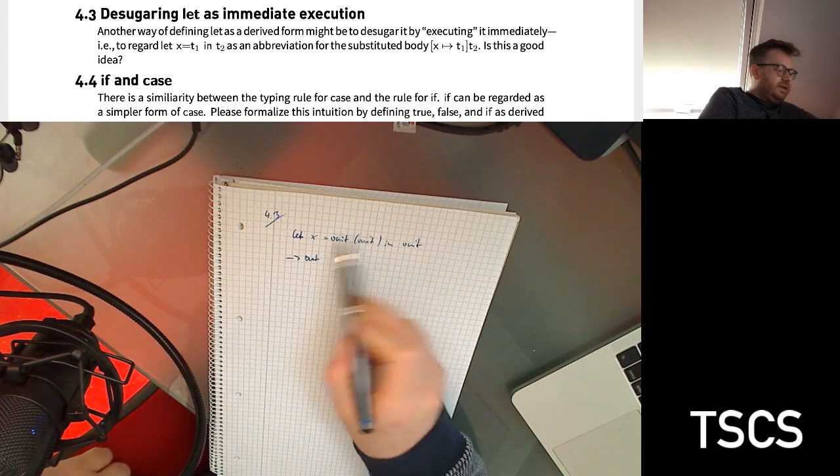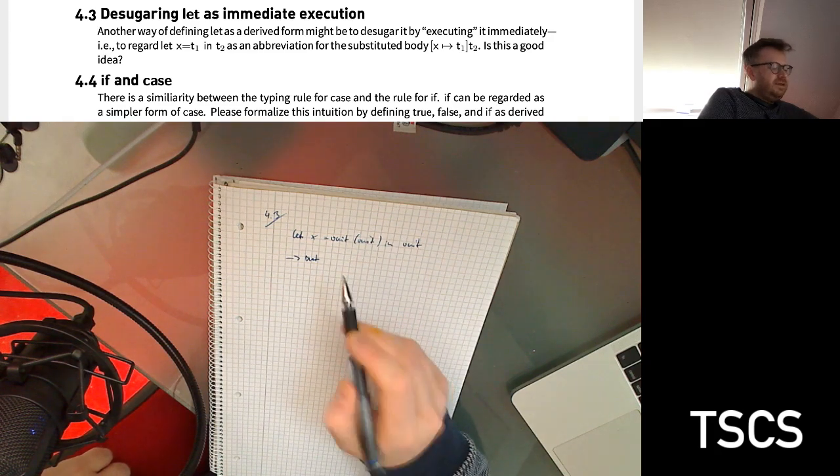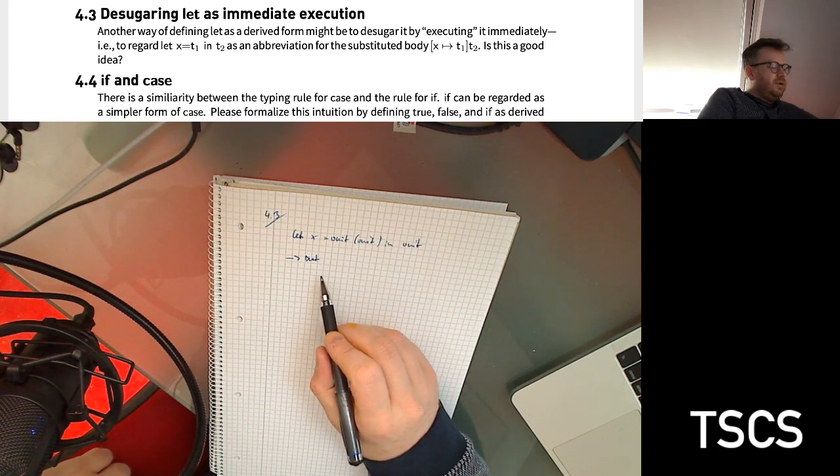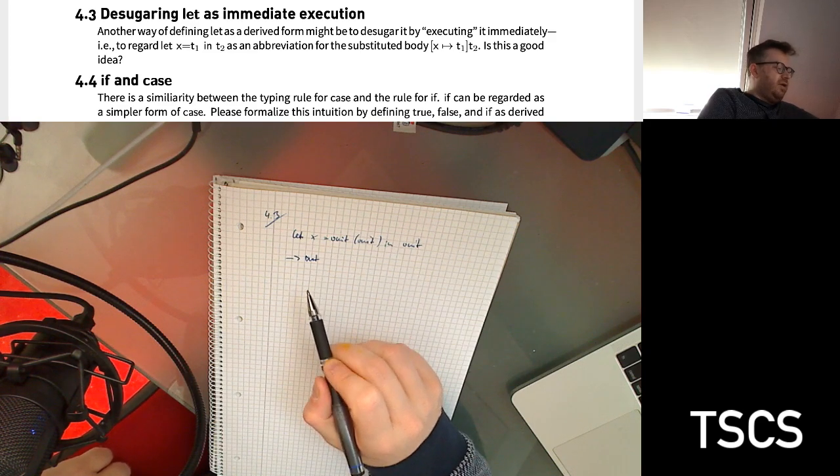And then this ill-typed term here, unit applied to unit, simply disappears. And this is also a problem, because then your type system would actually allow ill-typed subterms.